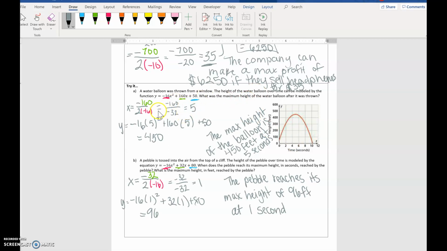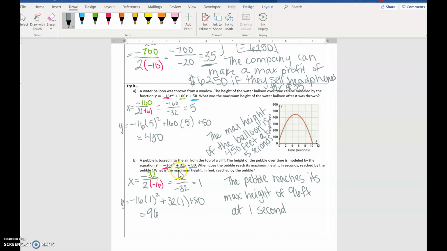So I'm going to plug 5 into this equation up here. So we have negative 16 times 5 squared plus 160 times 5 plus 50. And we put that in our calculator or simplify it and we get 450. So the max height of the balloon is 450 feet at 5 seconds.